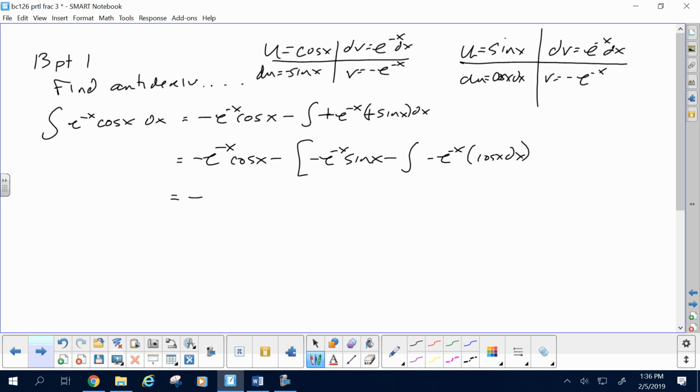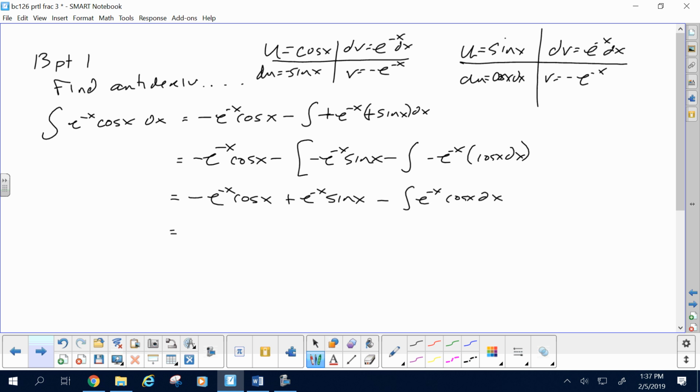That, with all negatives carefully distributed, is negative e to the negative x cosine of x, plus e to the negative x sine of x. And what about that last one? Plus or minus? There's 3 negatives there. 1, 2, 3. So that's all together negative e to the negative x cosine of x dx.